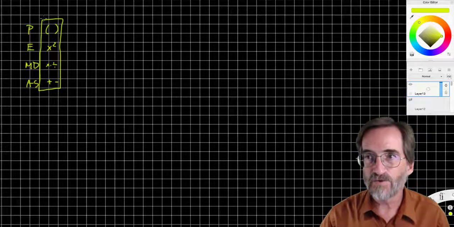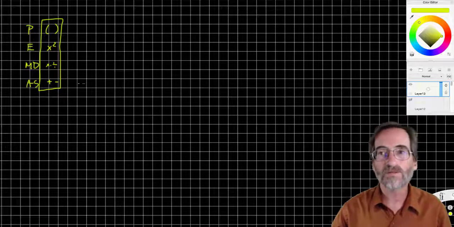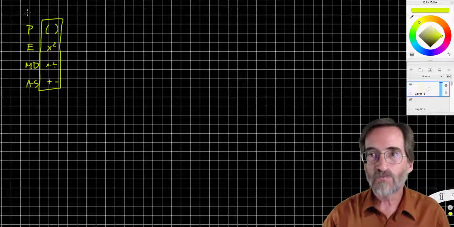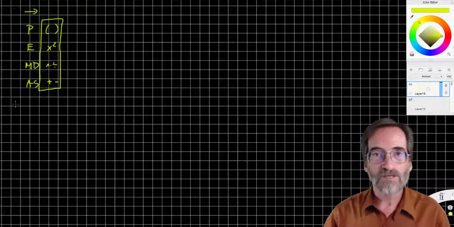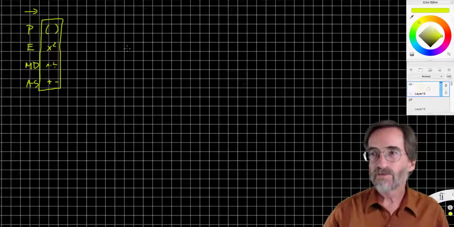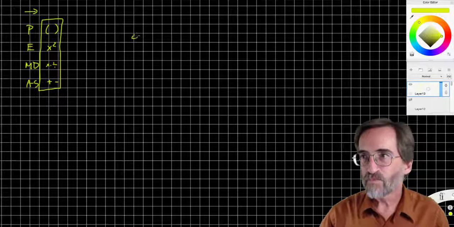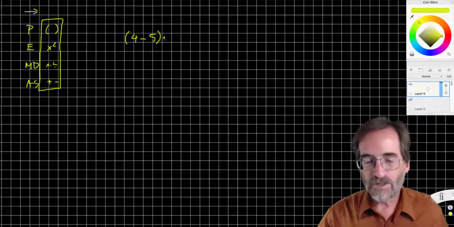We do those in order. When you have more than one step in the same one, you always go from left to right. Left to right. So I'm going to give you an example here.